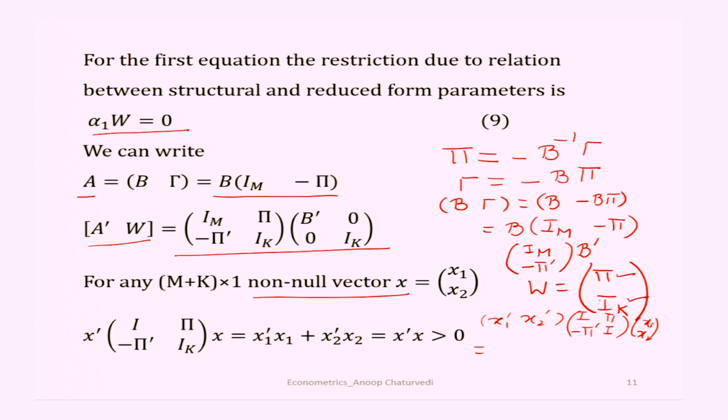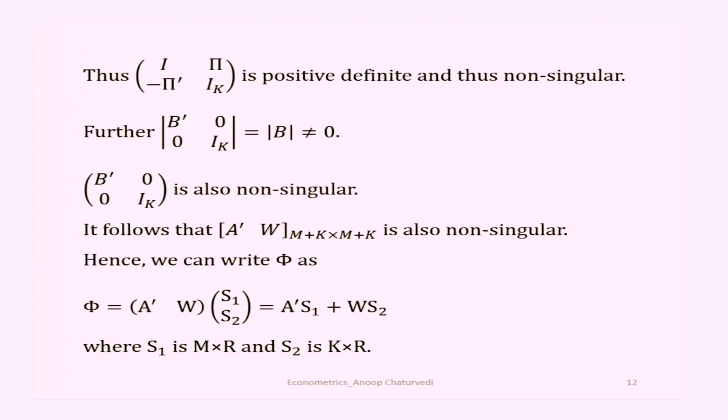This shows that this matrix is positive definite. So, the matrix I pi minus pi transpose I k is positive definite, and since this is positive definite, it is non-singular also.